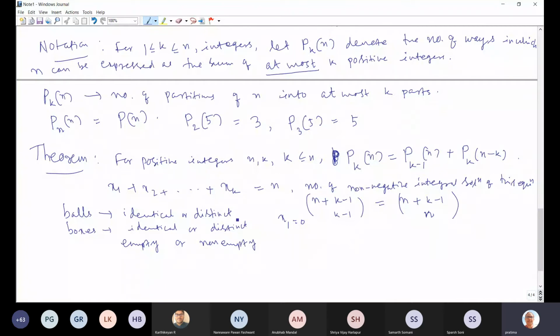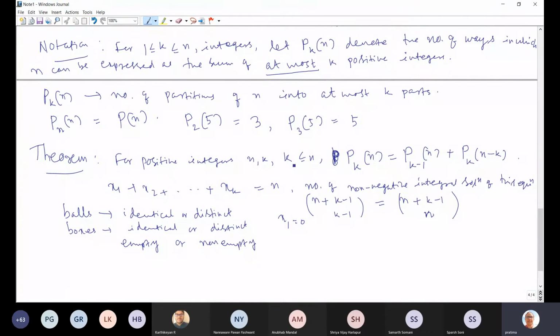So in total, combining all these possibilities, we have 8 categories of the distribution of balls into boxes: whether identical or distinct, and empty or non-empty.